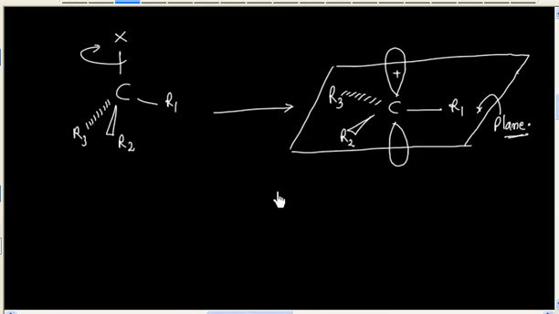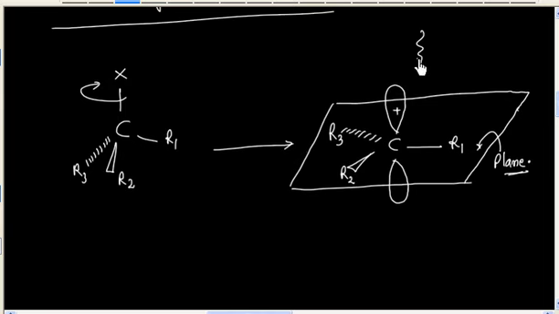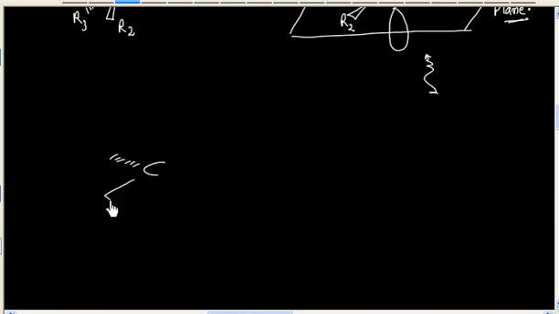Now in the next step, nucleophile can attack either from the top face of plane or it can attack from the bottom face of plane. So we have two possibilities. Nucleophile can attack from top face or it can attack from bottom face.